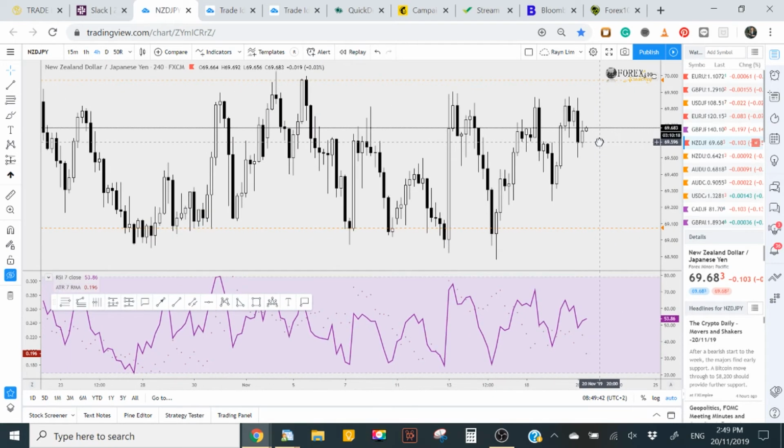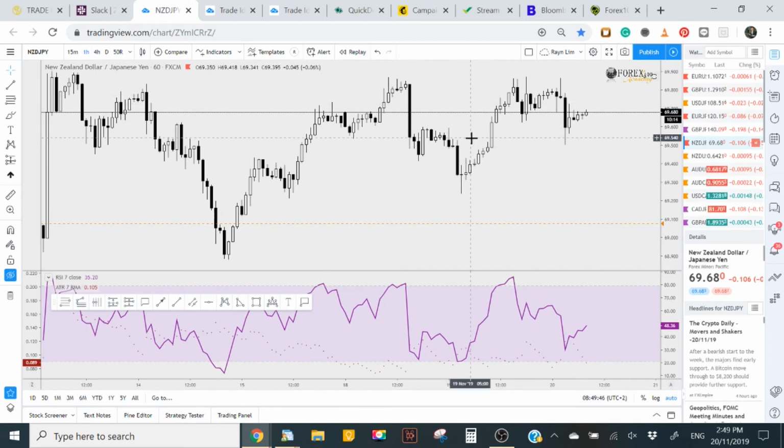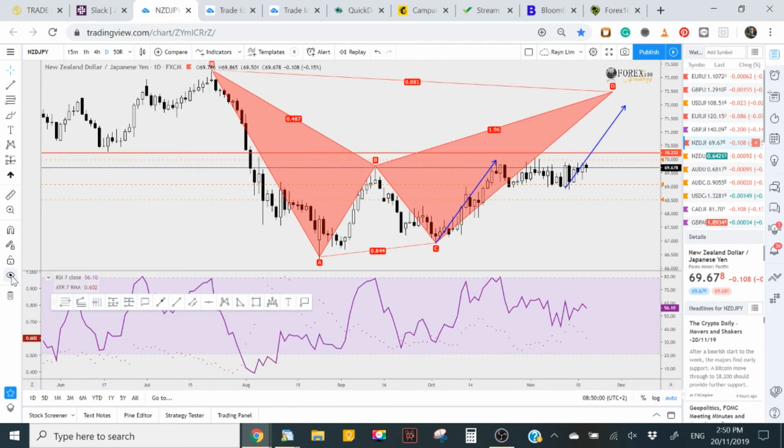Just take note. Alright, head down to the 1-hour chart. On the 1-hour chart, have you spotted anything yet? It could be a bad, not so good pattern, because I don't like the C price touching A. Back to the daily chart, let me share with you my analysis.